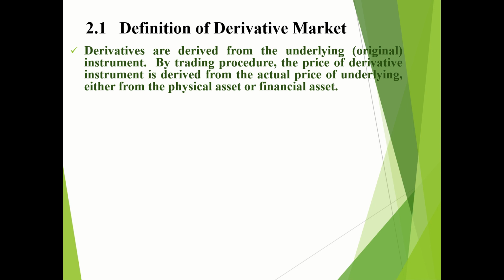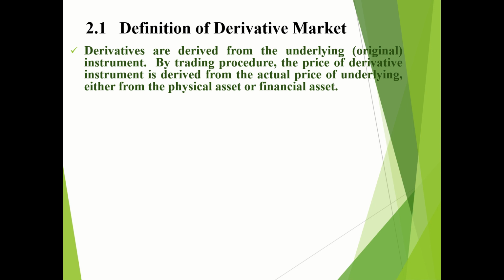Okay, by trading procedure, the price of the derivative instrument is derived or influenced, in this case, from the actual price of the underlying asset, either the physical asset or financial asset. So that is derivative.